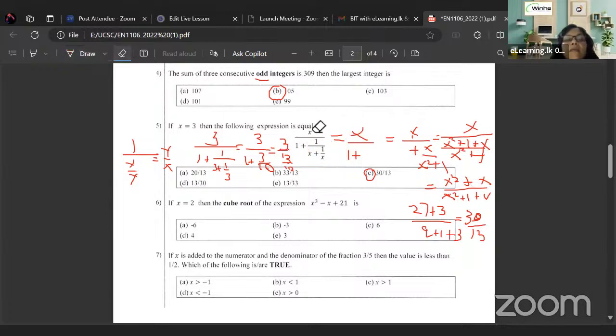This method is easy if all the values are properly solved. So 3 into 10 is 30, divided by 13.